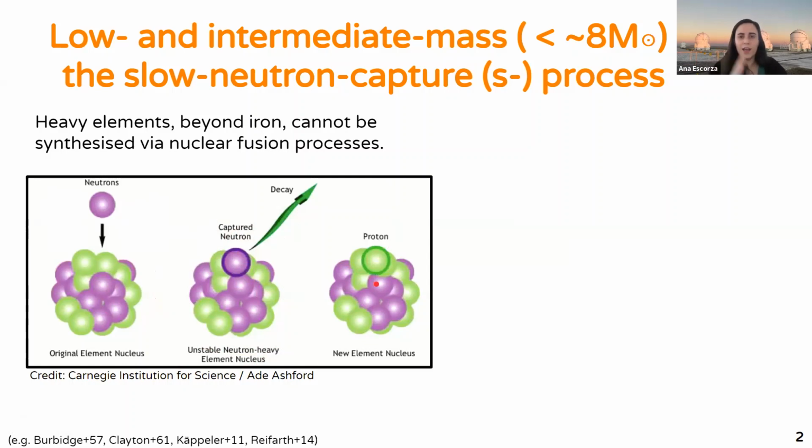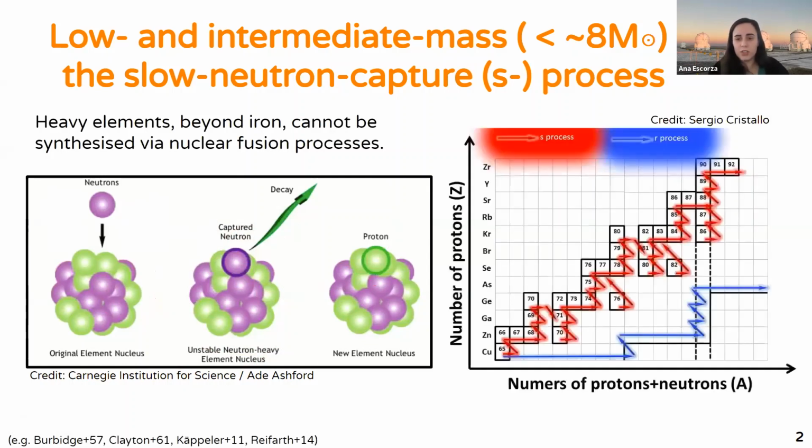The chain continues, and we go capturing neutrons and decaying and capturing neutrons slowly and making all these heavy elements and some others. The S stands for slow. This means that the amount of available neutrons is moderate, and that the beta decay is the transition or the reaction dominating this whole picture.